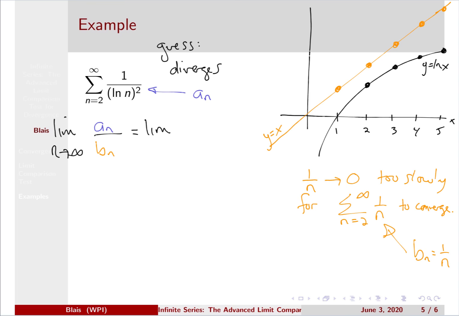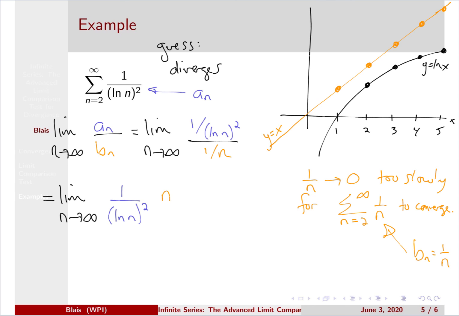So in that case, we have the limit as n goes to infinity of 1 over (natural log of n) squared divided by 1 over n. This becomes the limit as n goes to infinity of n over (natural log of n) squared.